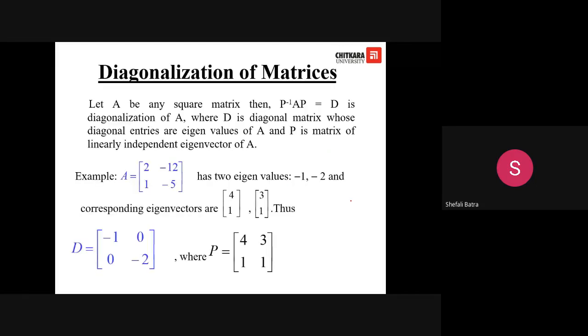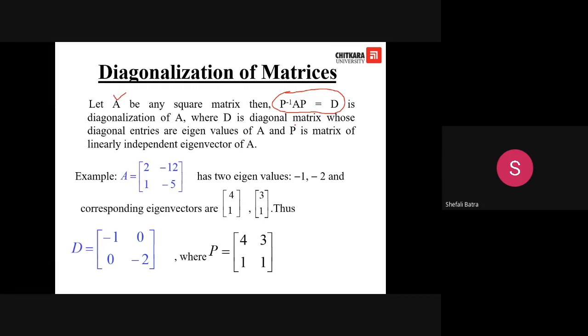Diagonalization of matrices. Let A be any square matrix, then P inverse A P is equal to D. This is known as diagonalization of matrix A, where D is what?